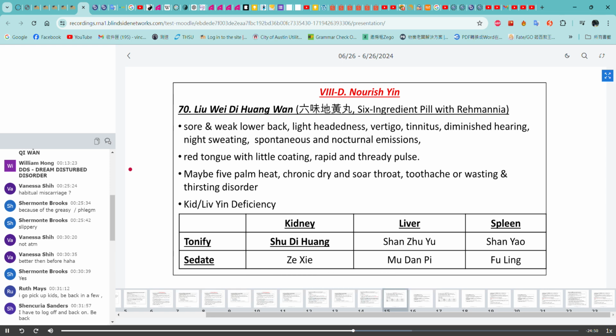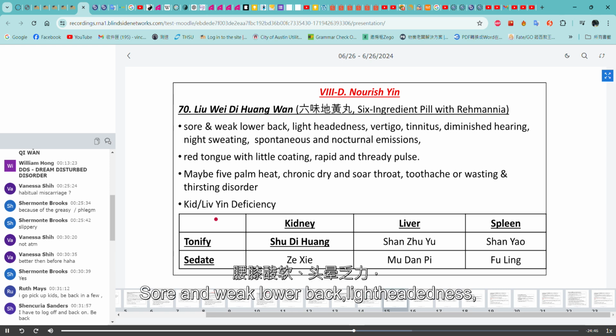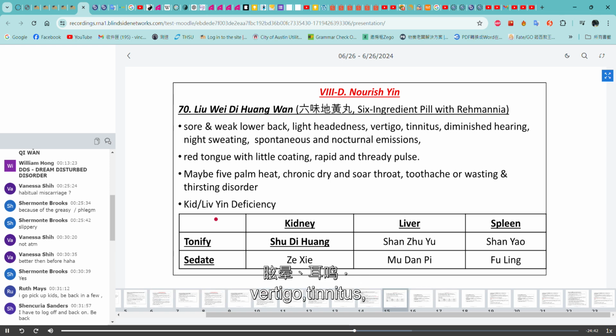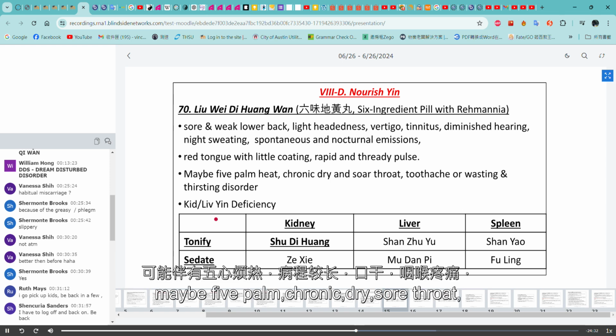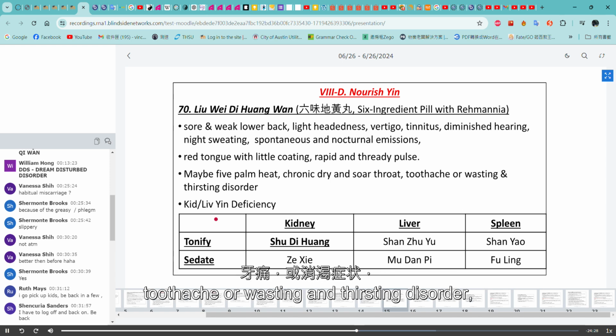Liu Wei Di Huang Wan, Six-Ingredient Pill with Rehmannia: sore and weak lower back, lightheadedness, vertigo, tinnitus, diminished hearing, night sweating, spontaneous and nocturnal emissions, red tongue with little coating, rapid and thready pulse, maybe five-palm heat, chronic dry sore throat, toothache, or wasting and thirsting disorder; kidney and liver yin deficiency.